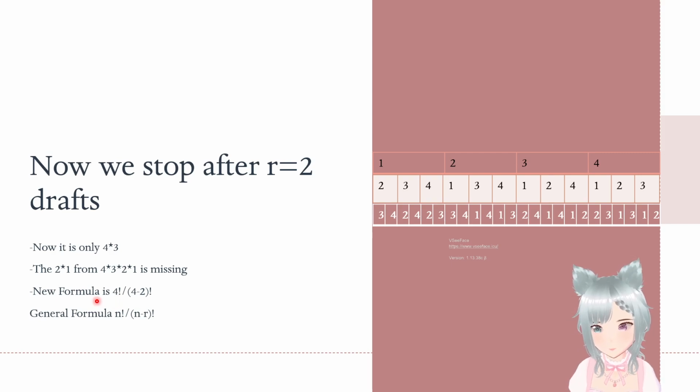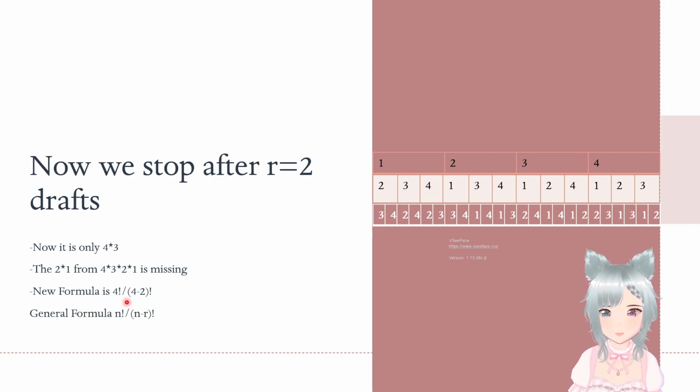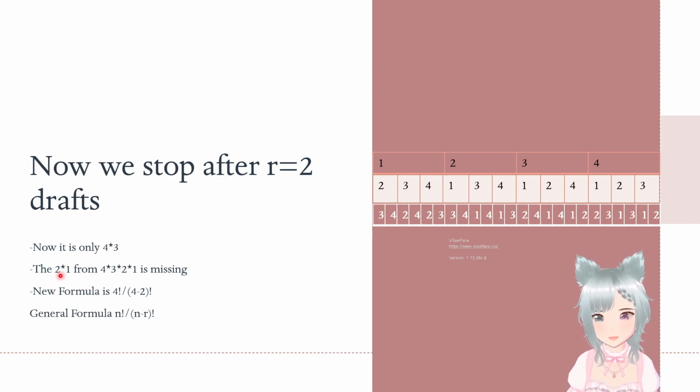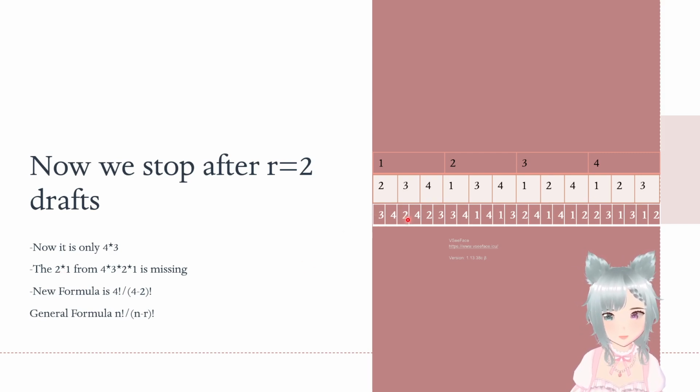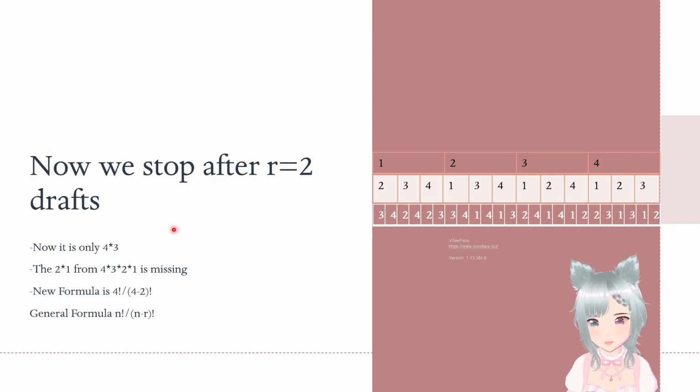So we know that our new formula is now 4 factorial over 4 minus 2 factorial, because we can disregard the 2 next pulls. And if we, for example, pull only 1 time, then we know that from 4 times 3 times 2 times 1, the 3 times 2 times 1 is missing.